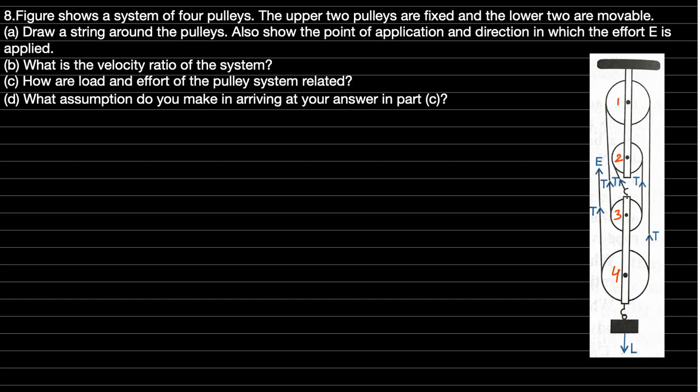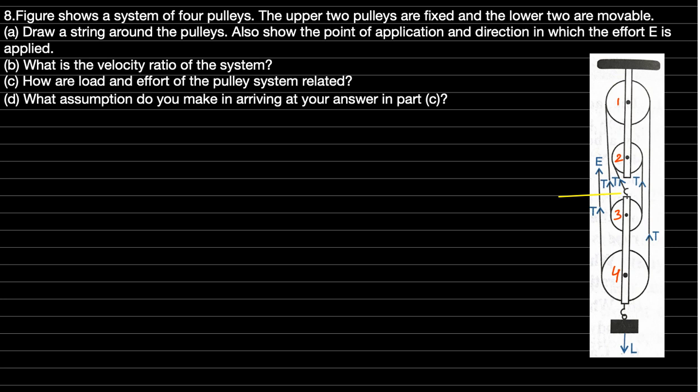Draw string around the pulleys, also show the point of application and direction in which the effort is applied. So it's very simple. We start the string from the top movable pulley, that is from this point right here. Now the string goes around pulley number 2 and then comes down to pulley number 3 and then goes to pulley number 1 and then finally comes to pulley number 4 and finally goes out as the effort.